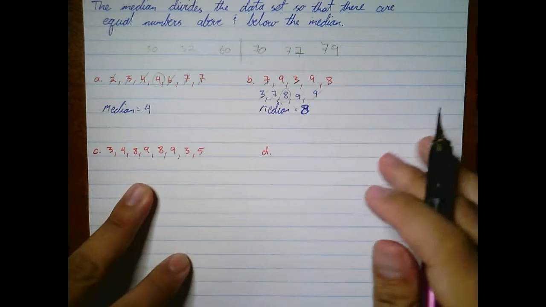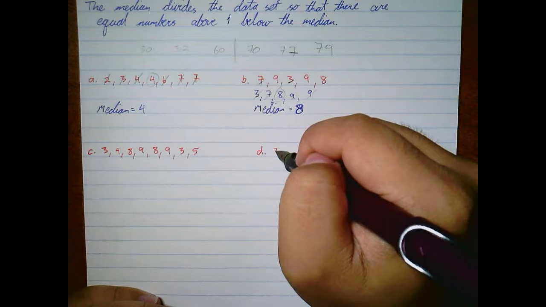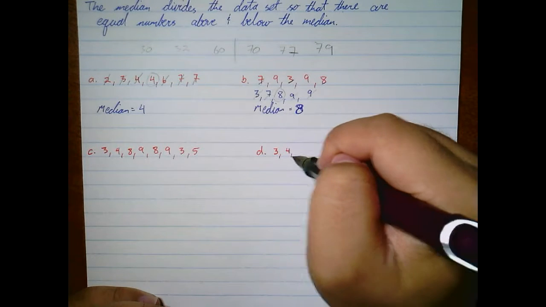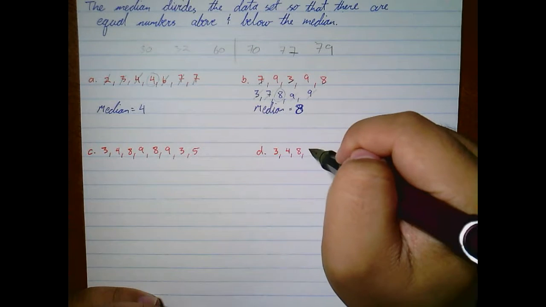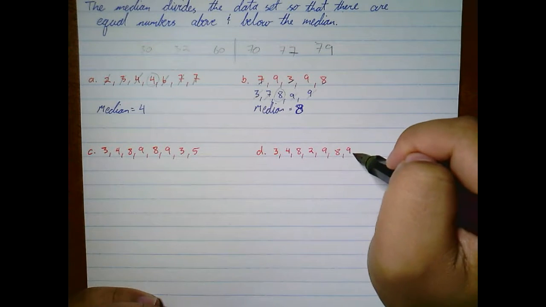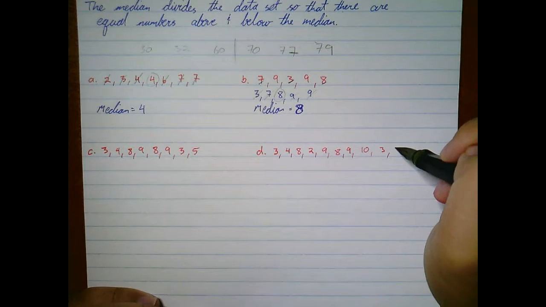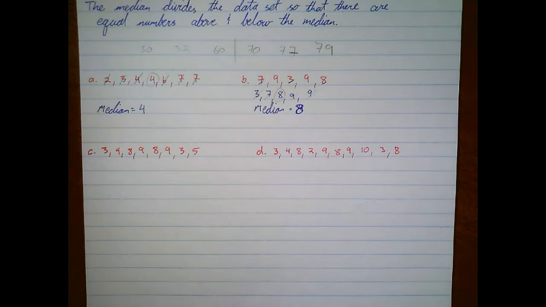I'd like for you to go ahead, give that a go as I draw this up. The next data set is 3, 4, 8, 2, 9, 8, 9, 10, 3, and 8. Okay, you can go ahead, pause the video, and give this a go.